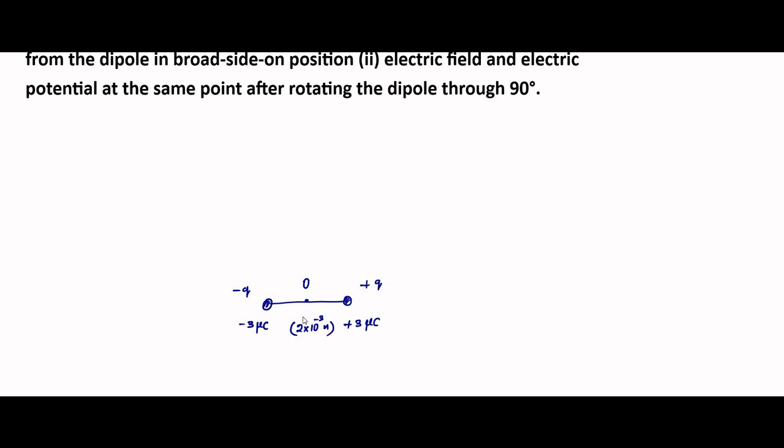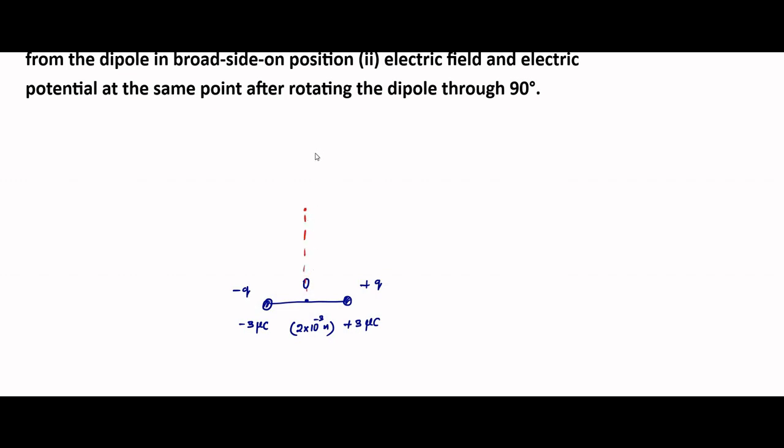So here first we have to calculate both the electric field and potential along the broad side-on position. Broad side-on position simply means along the equatorial line.